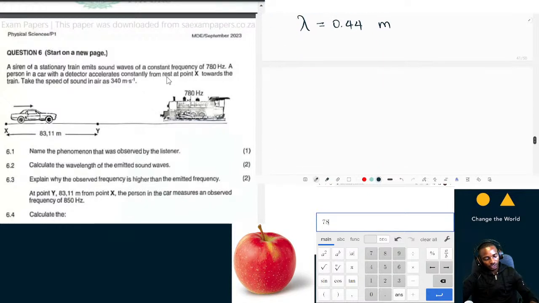Then the next question, 6.3. Now explain why the observed frequency is higher than the emitted frequency. As the car is approaching the stationary train, the source of the sound, the frequency of the sound is increasing.